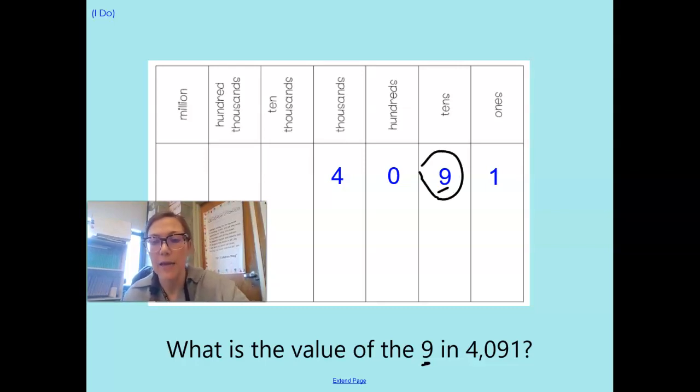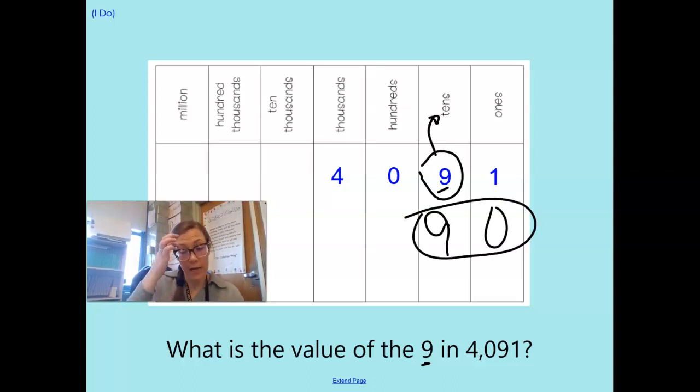The 9 happens to be in the tens place. When we write the number 10, how many zeros do we put behind a digit? We put 1 zero behind it. So because of that knowledge, I know that the value of the 9 is a 9 with 1 zero behind it. So the value of 9 is 90. Value of the 9 in 4091 is 90.